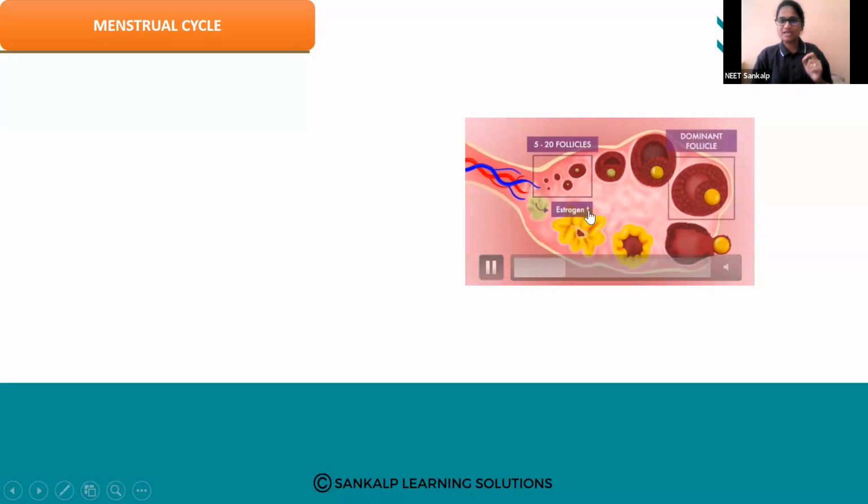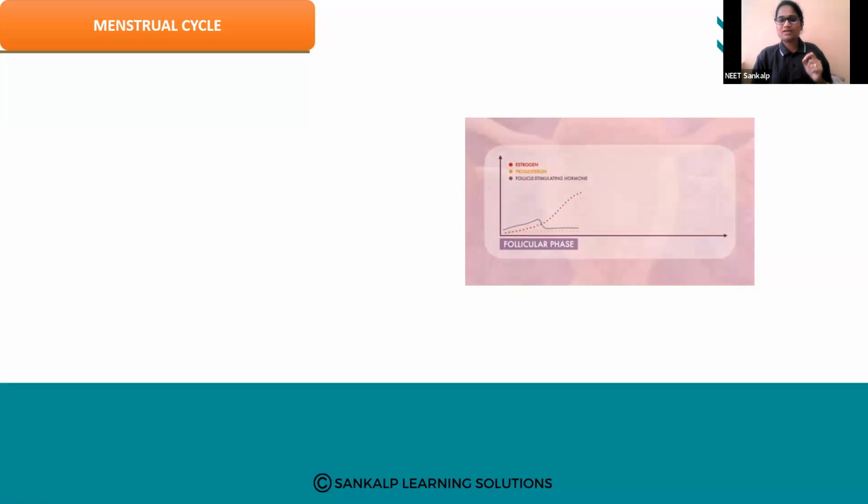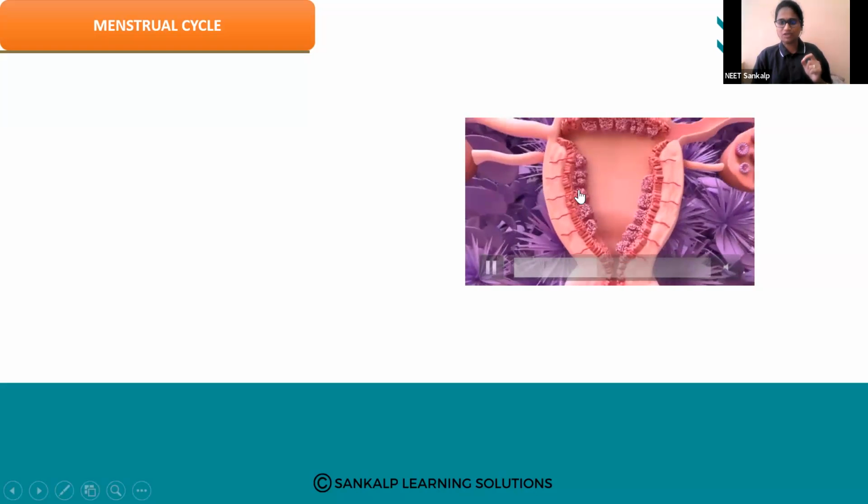When estrogen level increases, the dominant follicle will be selected. Here the estrogen level increased, the red color. So the follicle stimulating hormone decreased because the estrogen level got increased. This makes the formation of a matured Graafian follicle.